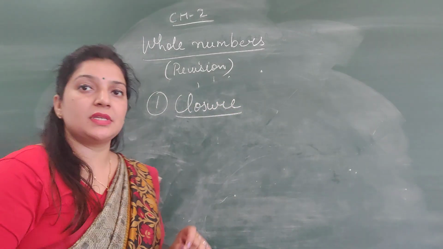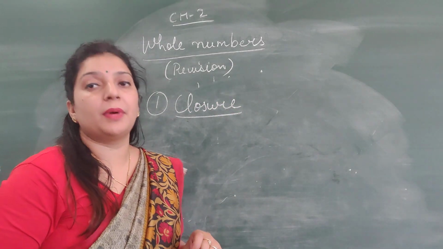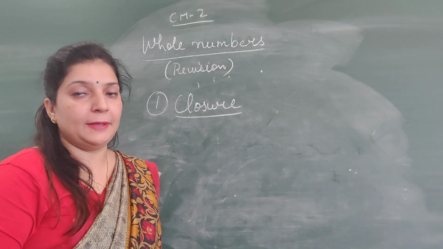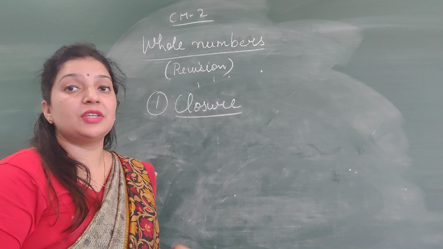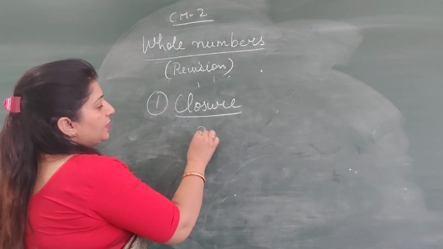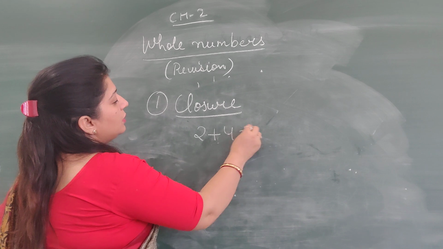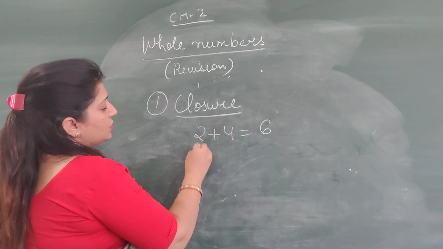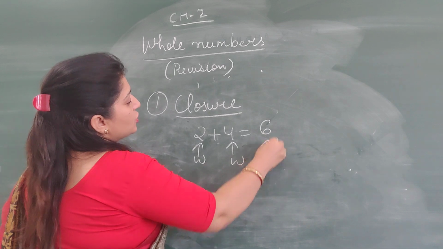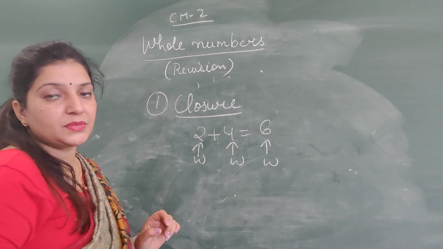The first property is the closure property. Closure property means if we add or multiply any two whole numbers, the answer would be a whole number. For example, if I add 2 plus 4, I will get 6. So this is a whole number, this is a whole number, and this is also a whole number.